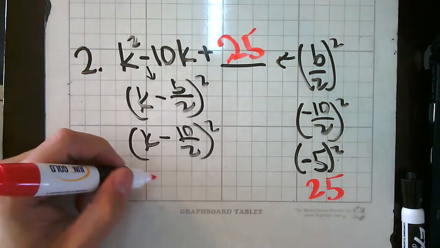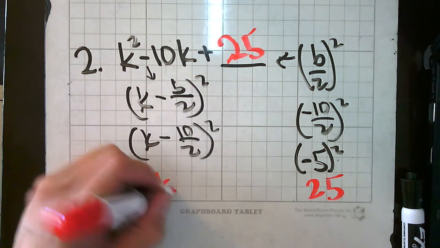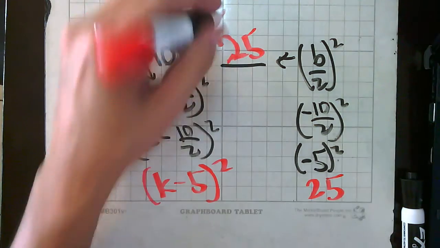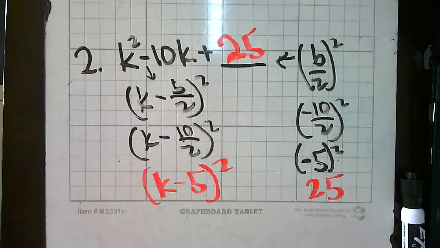So now our perfect square is k minus 5 squared. So these two: 25 to complete the square, and your perfect square is k minus 5. If we were to multiply this out, we would get that answer here.